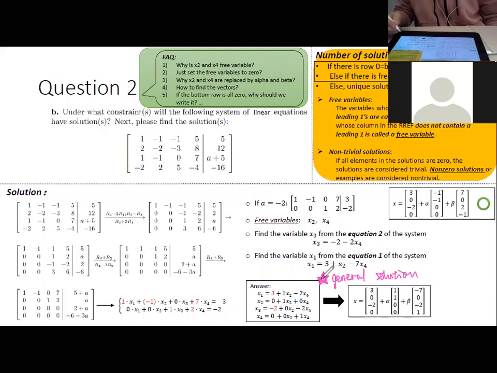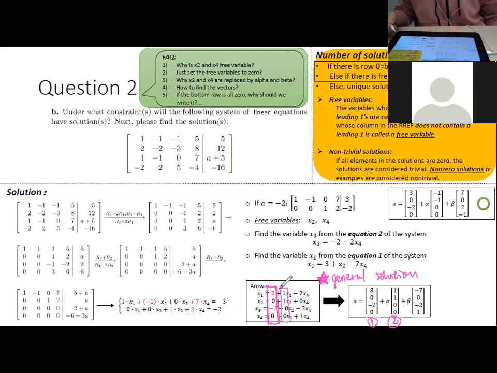Now, some of you may have questions: how do we get the vectors? You can see the first vector is actually the constants here. They are 3, 0, minus 2, 0. And then for this vector, they are the coefficients before free variable x2.